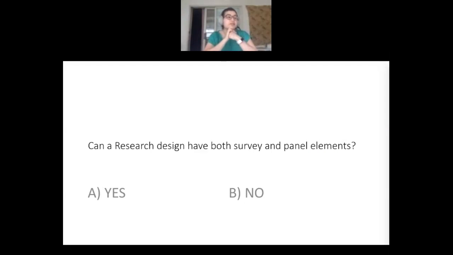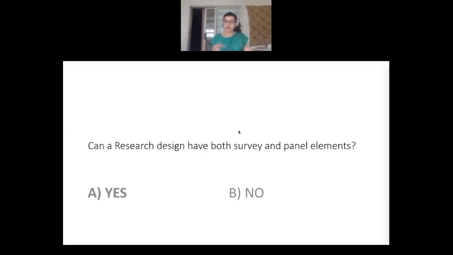So I have a question. Can a research design have both survey and panel elements? If you recall, yes, it can. The National Crime Victimization Survey has a panel element to it too.